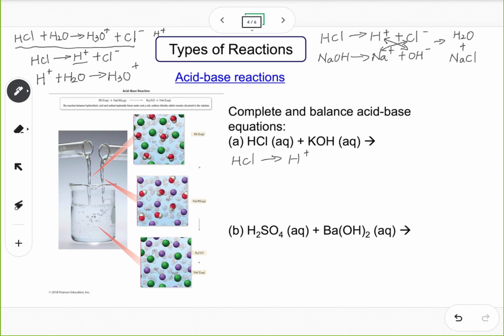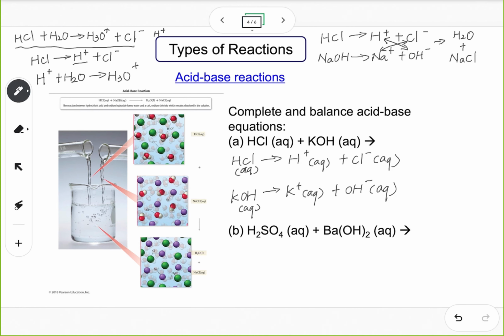Of course, if you want to consider the states, since you are talking about the aqueous solution of those ions, you have AQ for those ions. Now for potassium hydroxide, it will give you potassium AQ plus hydroxide AQ.